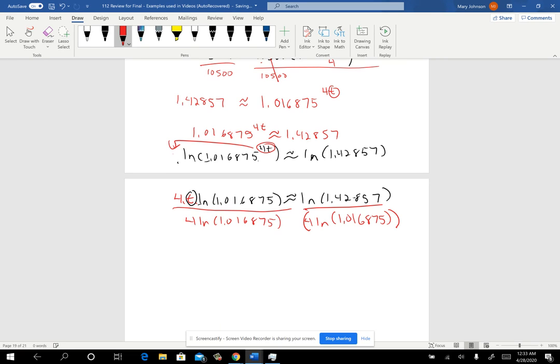After your division sign, you need to have both 4 and the ln of all that in parentheses, or it's not going to be correct. You have to make sure they're both getting divided. All right, and then when you practice doing that and get it, you should get around 5.3285, something like that. Okay. We're going to round to the nearest tenth. So it'll be in about 5.3 years.